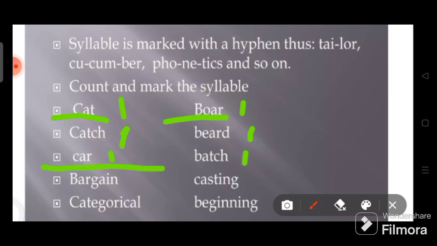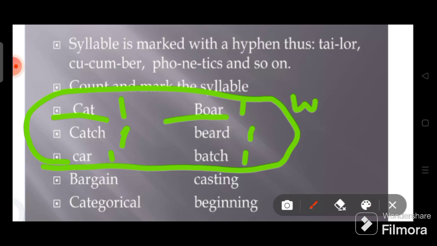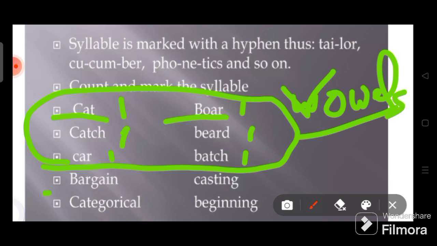So how do you understand this? Based on the vowels, we can divide syllables. This is 99% true, but sometimes you can't divide them based on the vowel sounds. Next, bargain has two syllables, and casting, two syllables.